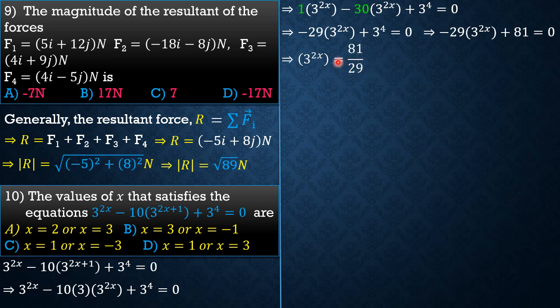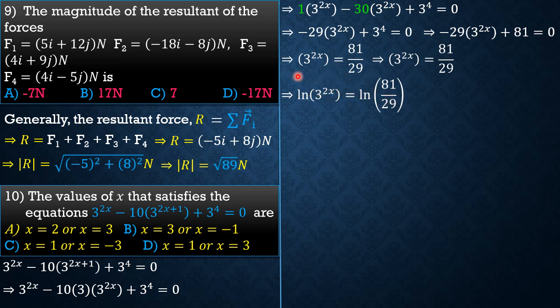Sorry. That therefore implies, at this point in time, if we take the natural logarithm on both sides, we are going to have the natural log of 3 raised to the power 2x equal to natural log of 81 over 29.